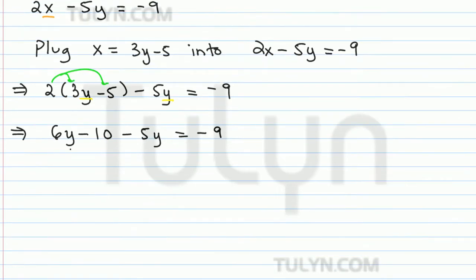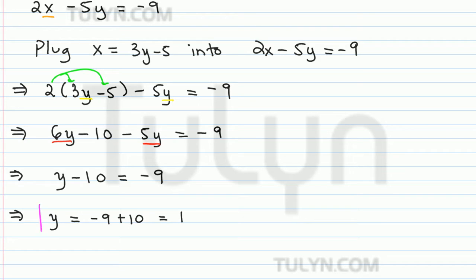And now combining like terms, we get the 6y and the 5y, and that gives us just 1y, and then minus 10 is equal to minus 9. Adding 10 to both sides, we get y is equal to minus 9 plus 10, which is otherwise known as positive 1. So now we have our y value.